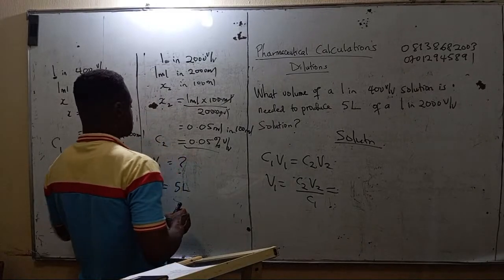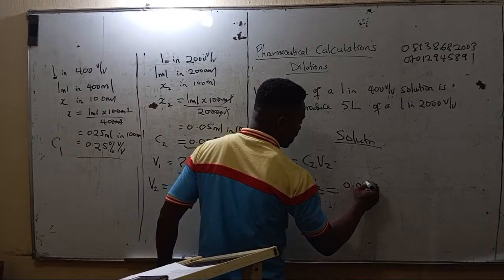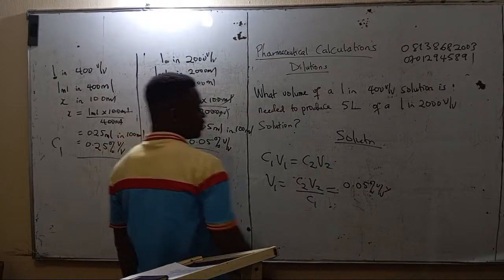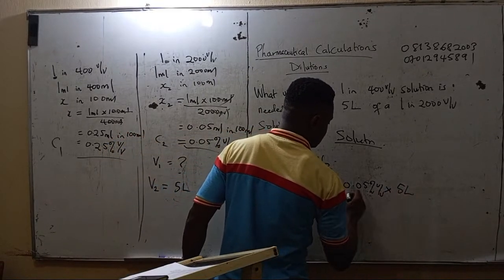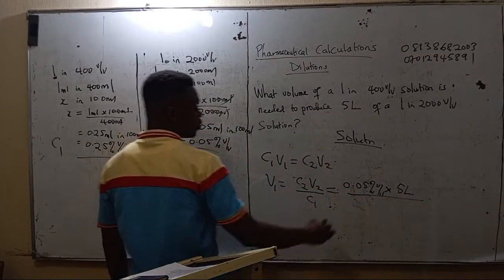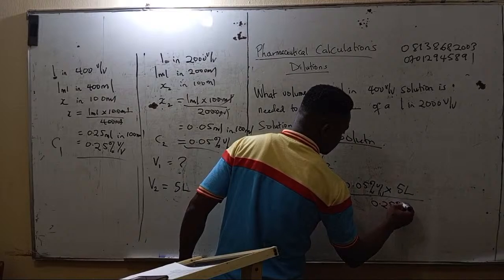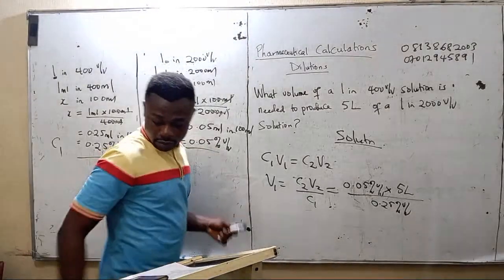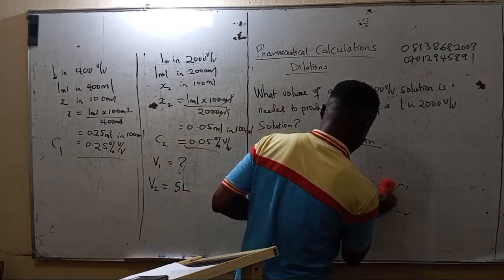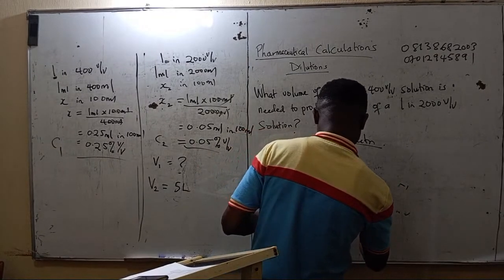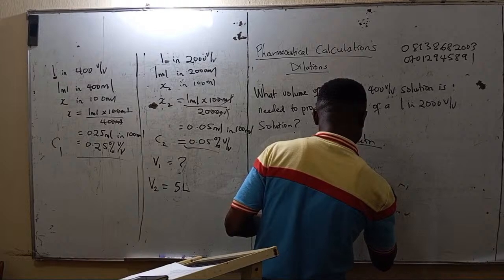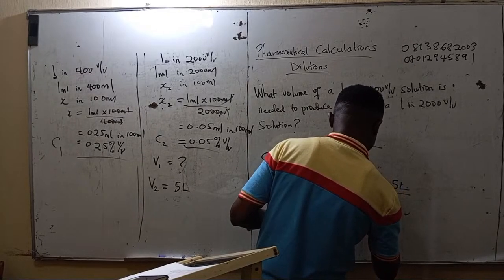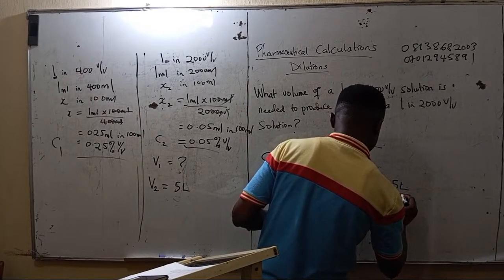C2 is 0.05% volume in volume times V2, which is 5 liter, all over C1, which is 0.25% volume in volume.